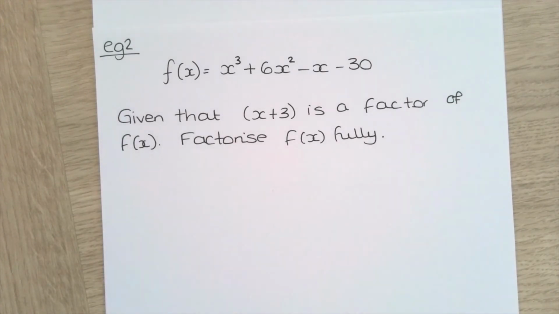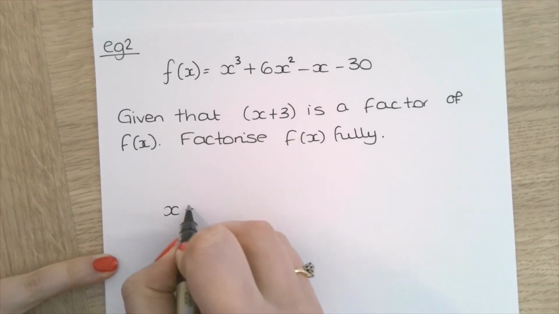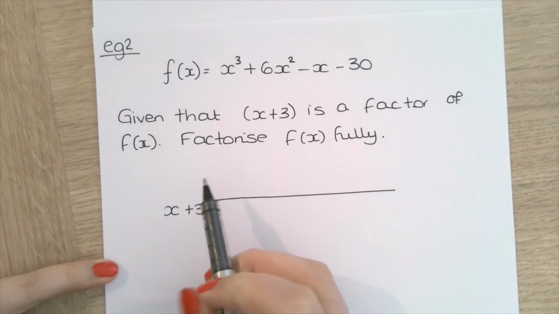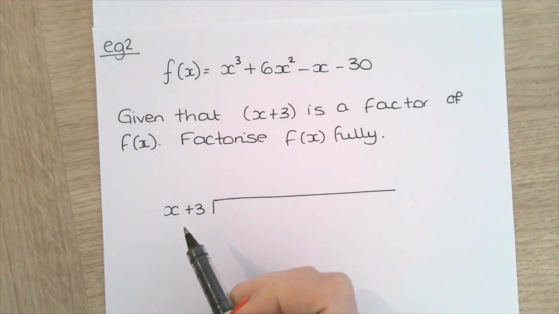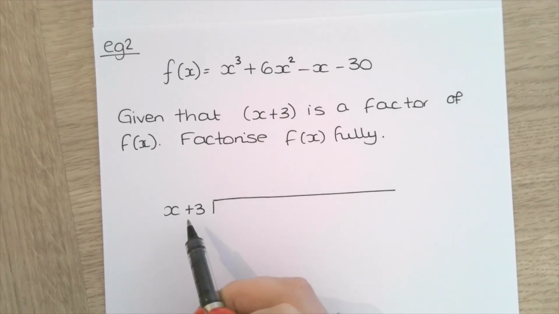We will end up showing that it's a factor, but I'm not having to fully justify that. So we know that it's a factor, so when I divide the polynomial by x plus 3, I'm going to end up with a quadratic on the top here and this factor here.